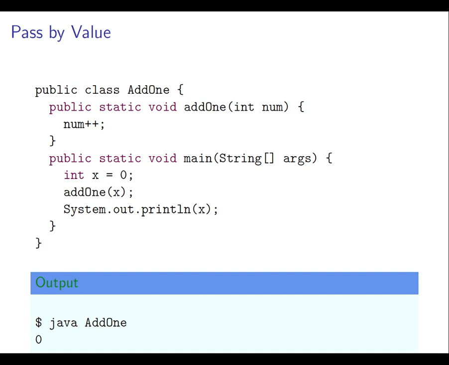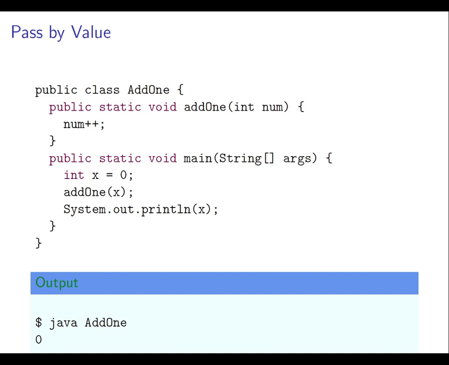When it is invoked from the main function, we do so in a context like this. We're saying we have an integer x, which we initially set to 0, and then we call the add1 function, which indeed does take a copy of that x, which is 0, and adds 1 to it. So within the called code, add1, the value of num after that num plus plus line has been carried out is indeed 1, but then that value is thrown away.